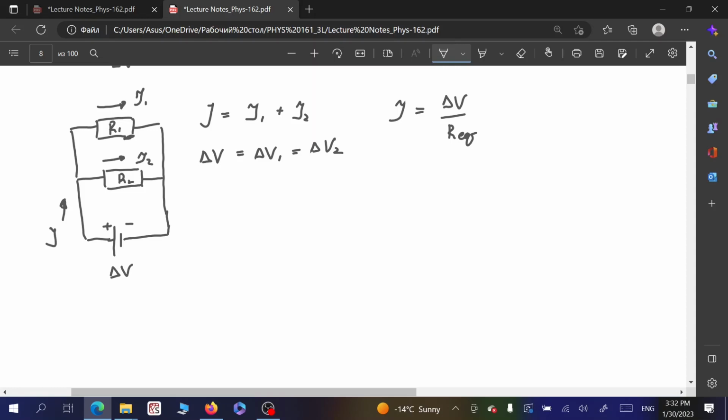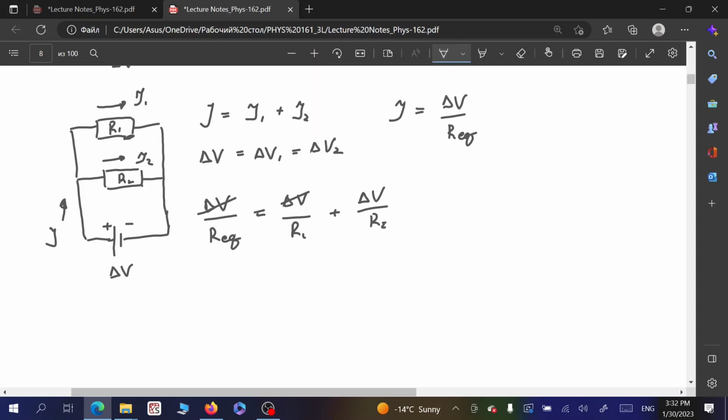So we can write that delta V over R equivalent is equal to delta V1 over R1, we can skip this index 1 because they are equal to each other, so it will be delta V over R1 plus delta V over R2.